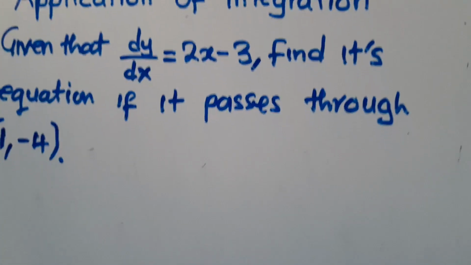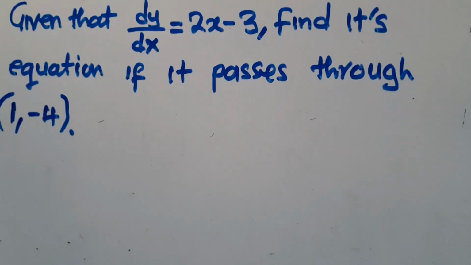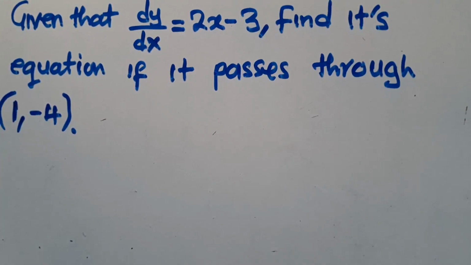These are questions where you are going to understand the reason why we were putting a C when we integrate. So I'm going to show you how you calculate the value of C. This is how questions will be coming in an exam. So I want you to get this. I want you to understand this very well.